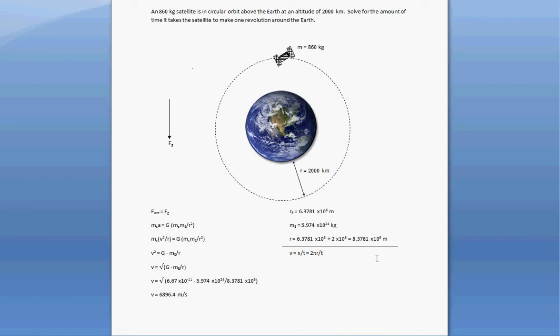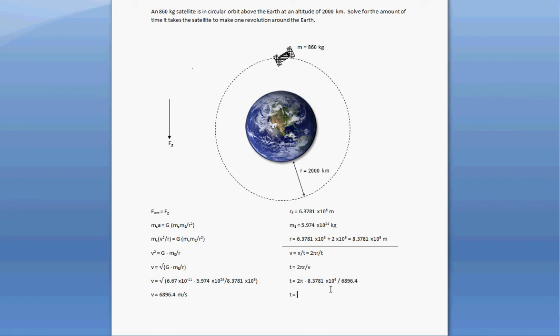Rearranging this, the time is equal to 2 pi r divided by v. So the time to make one trip around is equal to 2 pi times 8.3781 times 10 to the 6th divided by 6896.4.